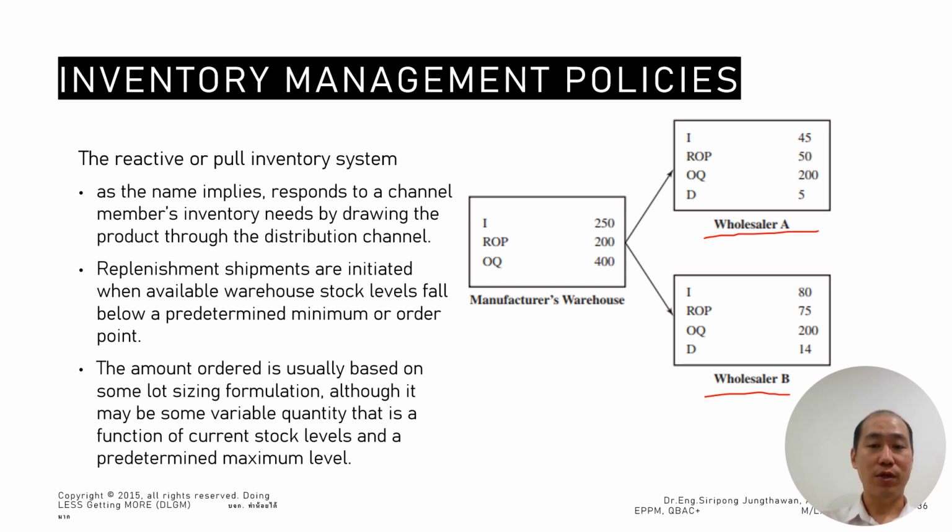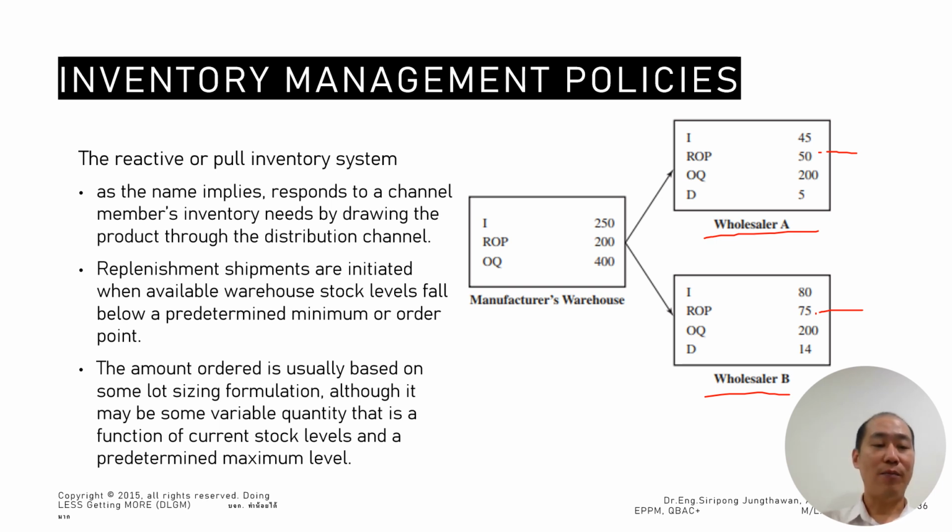It looks like here, the reorder point is 50 and the reorder point is 75. So you have to understand the same in the response and the channel, where you decide which members need inventory or not, by drawing the production line through the distribution channels.